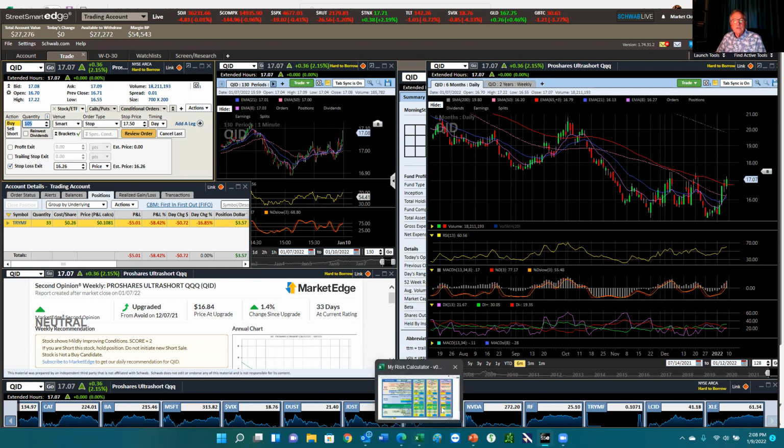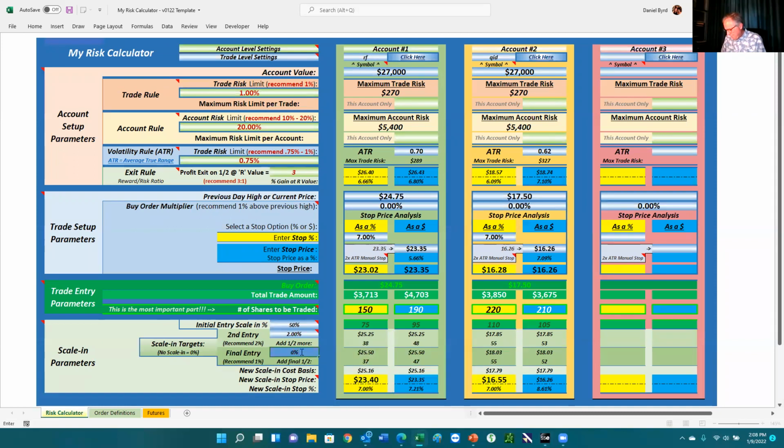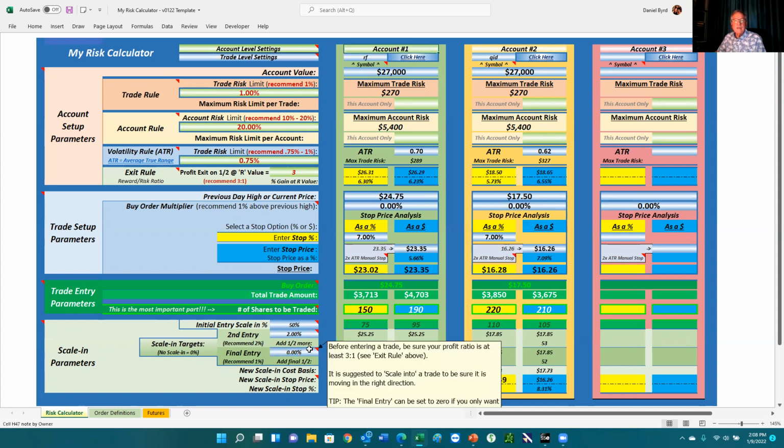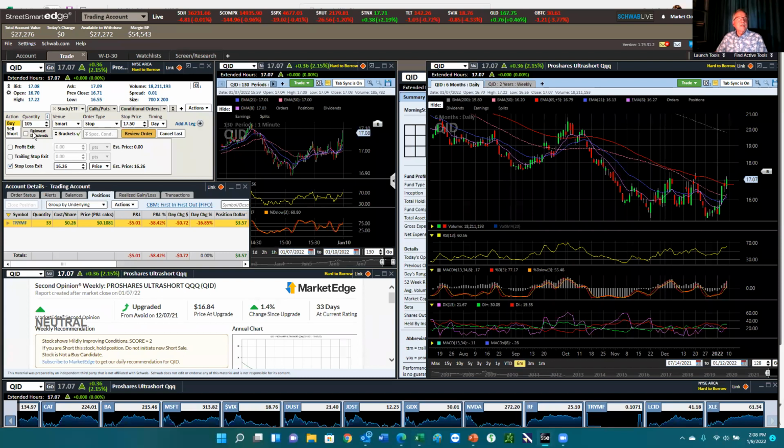Then we'll split the difference. We'll go back here and we'll just make this one 0. So 1785 is still the number. 52 plus 53 is 105. So 1785 at 105. Okay, so now again, we're going to buy 105 with a stop at 1785 this time.